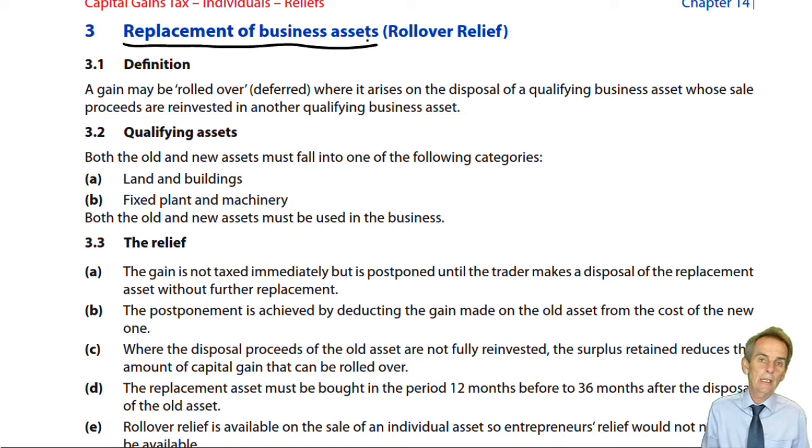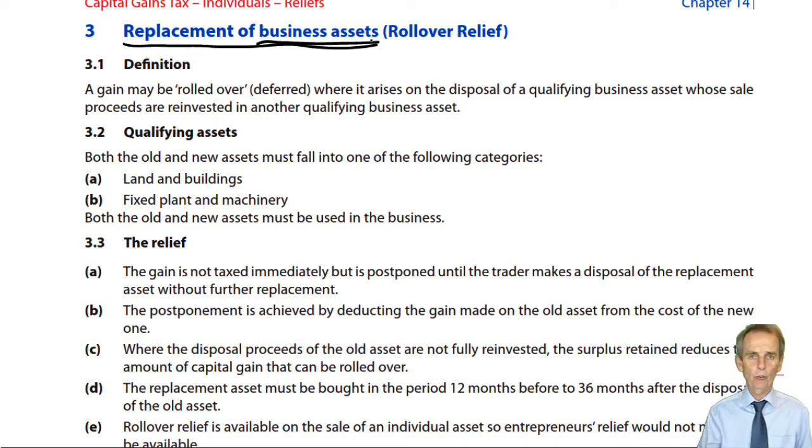You are dealing clearly with a business asset, so you're dealing with an unincorporated trader. An unincorporated trader doesn't always, of course, buy their own property. They may simply rent a property for use within their trade. But what we're looking at here is an unincorporated trader that has bought his or her own particular business property for use within the trade.